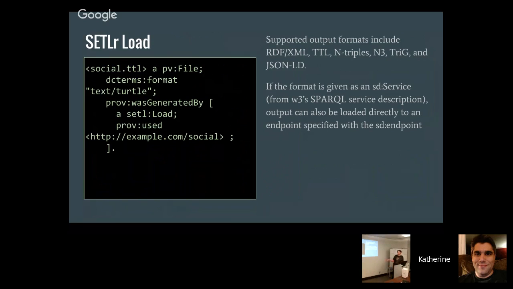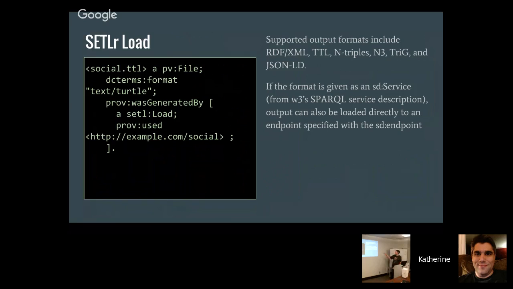And then for the final step, we load. So we define social.ttl, which is our resulting converted data. It's a file. Here we specify dcterms:format as text/turtle. You would change the dcterms:format depending on what output format you want. It's generated by SETL load, and it uses the URI of the graph that we defined in the previous step.